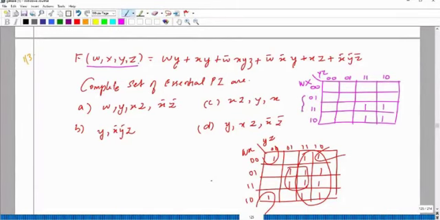Here you have X, and Y is here, right? So you have to fill these two areas.